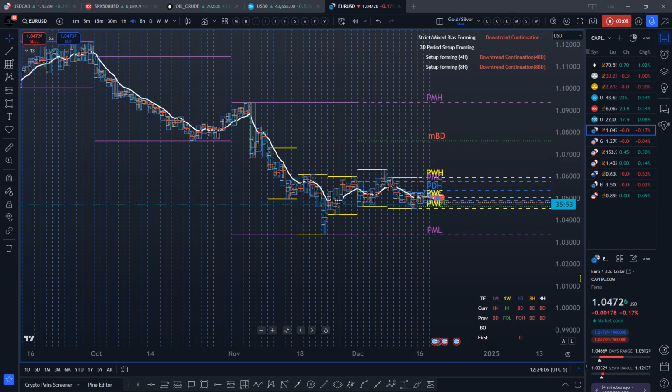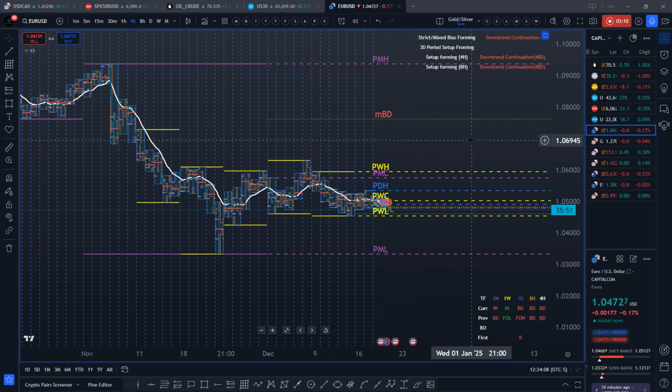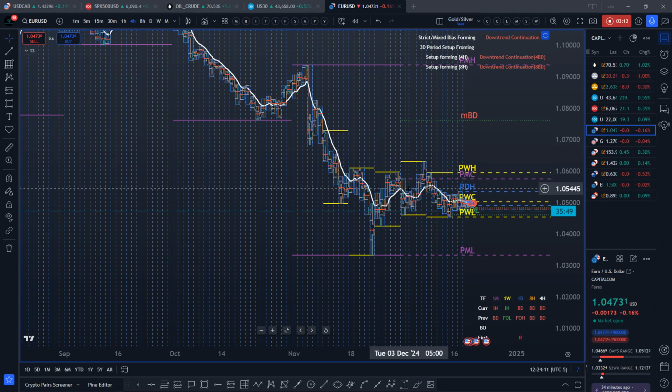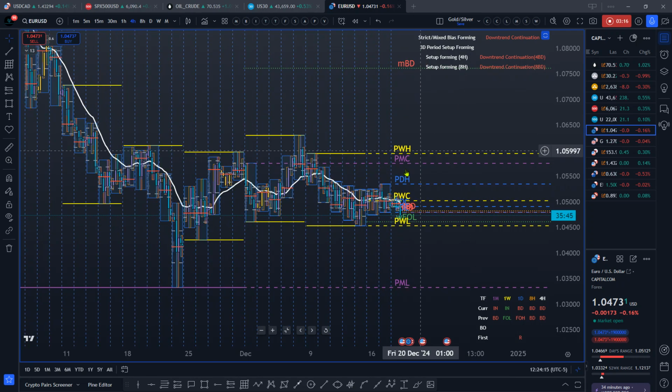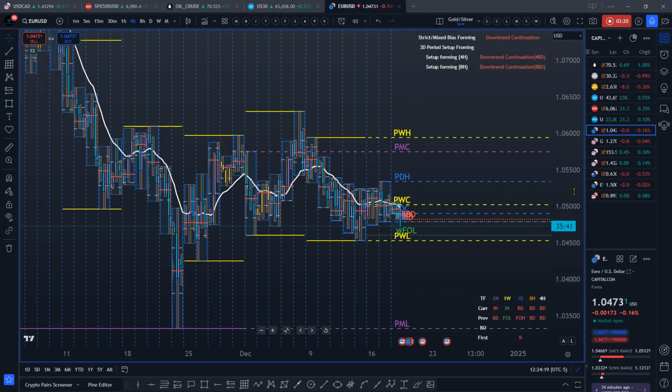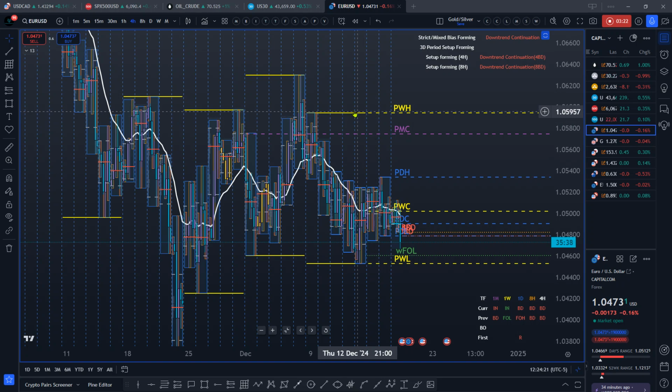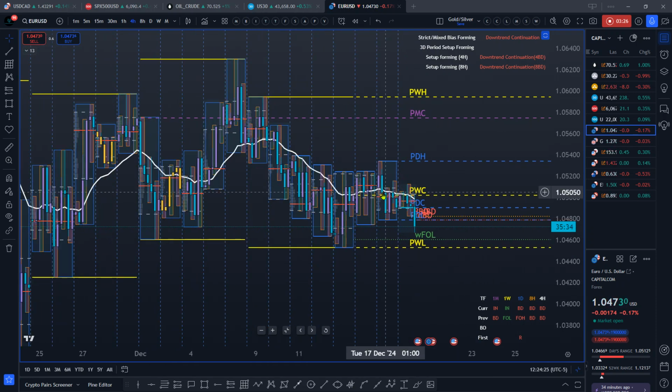The weekly chart, on the other hand, is giving us mixed signals compared to the monthly chart, because on the weekly chart, as you can see, we're inside of last week's range. There's the previous week low, the previous week high, the closing price. Okay, we're below the closing price of last week, right?